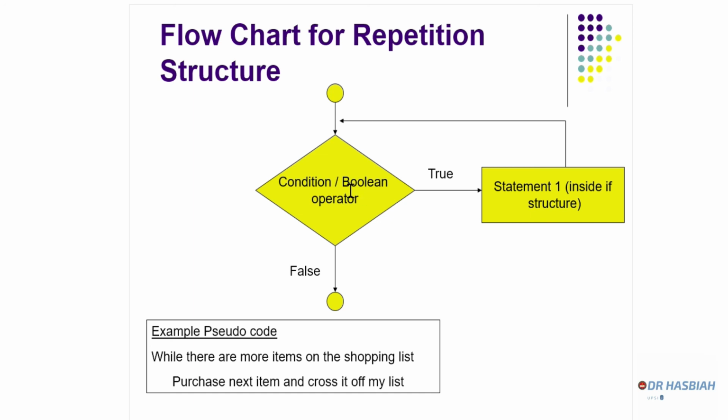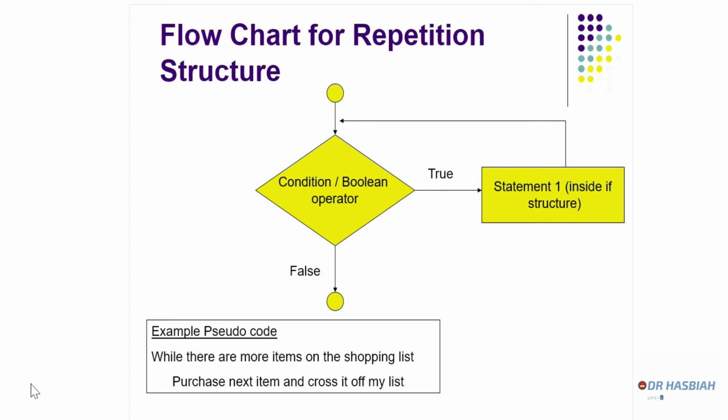When your hair is clean, the condition is false. Now the hair is clean, so you stop rinsing your hair. That is the condition that we use in our daily life for the repetition structure. We are going to see selection and then repetition in detail in the following weeks.